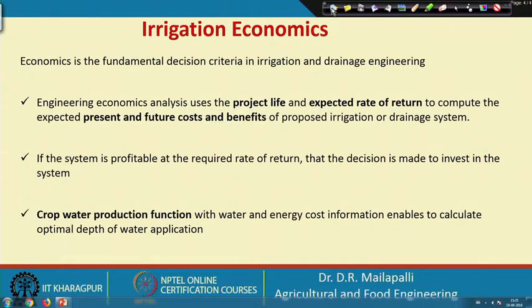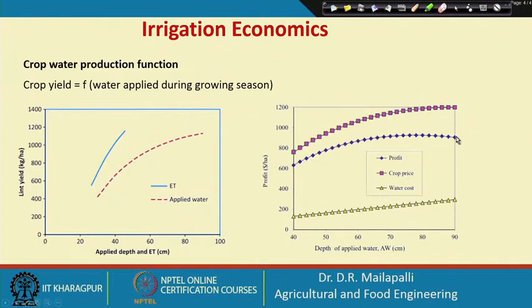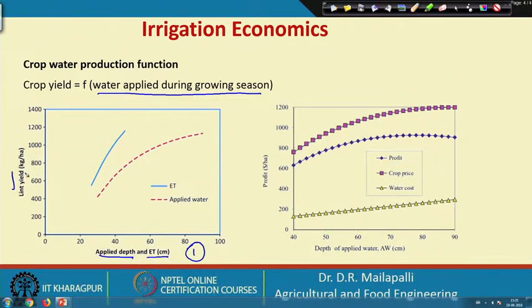Next, the crop water production functions. For example, crop yield is a function of water applied during the cropping season. In figure 1, the depth of water applied as well as ET is on the x axis, and the cotton yield, called lint yield, in kg per hectare, is on the y axis.